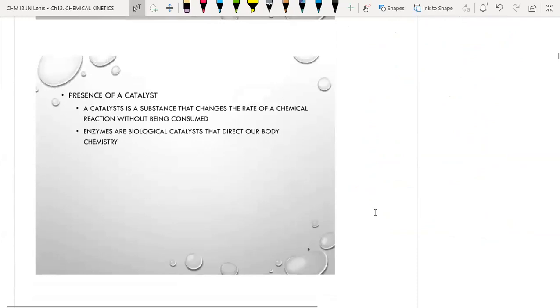Another factor that affects the speed of the reaction is the presence of a catalyst. A catalyst is a substance that changes the rate of a chemical reaction without being consumed. So if we add a catalyst to a reaction, and you will see we have one lab and one demo. In one of our demos, we show a reaction that occurs with catalyst. That's the clock reaction with iodine.